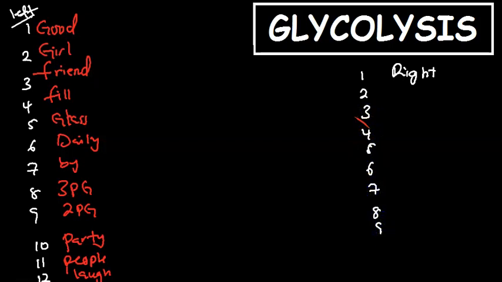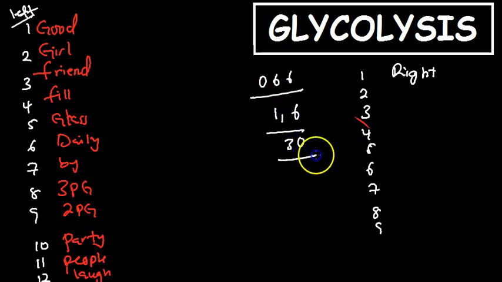So, how do we arrange this? Let's say here we have 0, 6, 6, 1, 6, 3, 0, 1, 3, 3, 2.